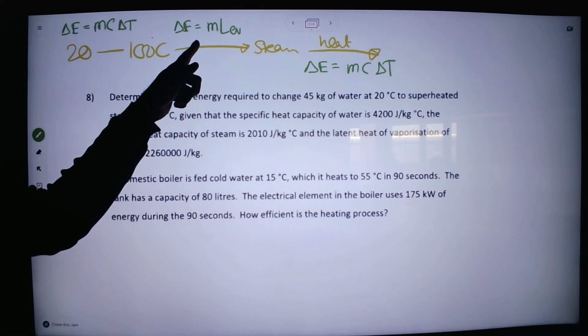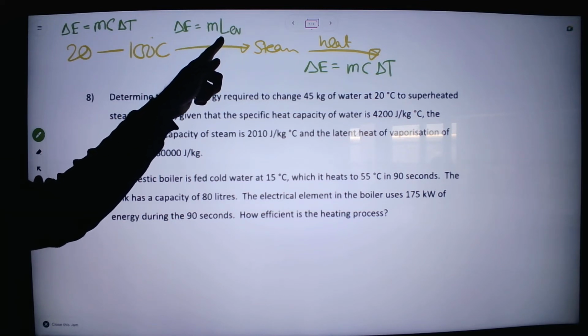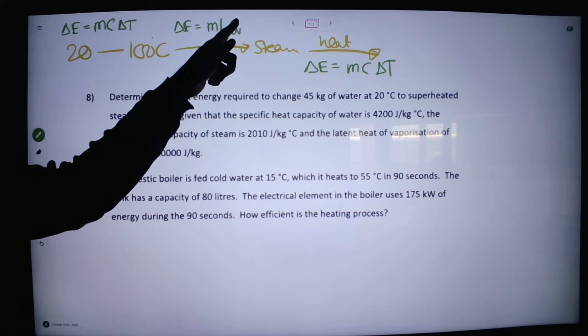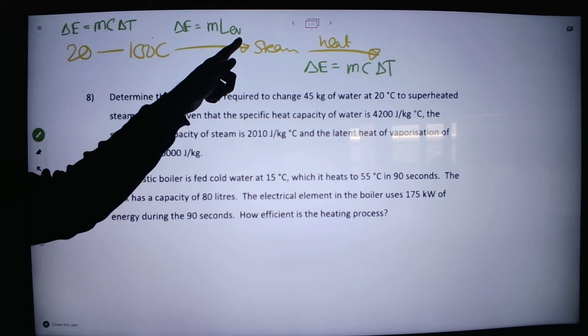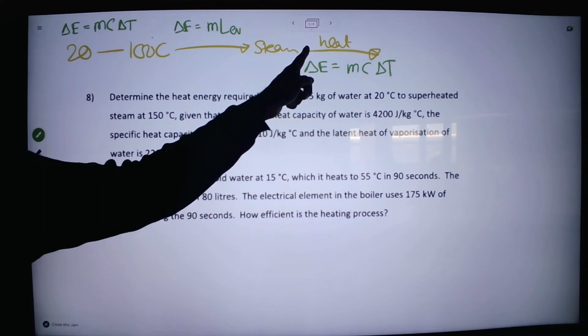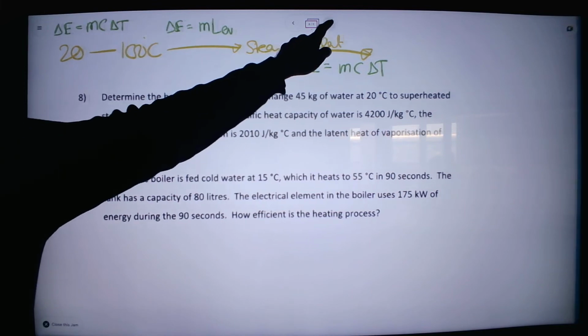Now this is the formula, mL evaporation or mLf. These are 2 formulas which I hadn't mentioned before. This is the formula we use if the state is changing. Now I'm heating the steam to a higher temperature, so I'm going to use the same formula as before.